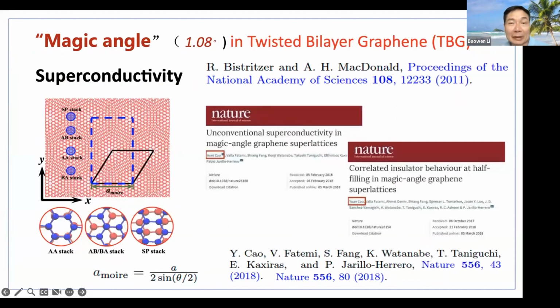For 2D materials, another interesting thing is the magic angle, because people have predicted and experimentally proved that in twisted bilayer graphene at an angle of 1.08 degrees there's a magic angle, because at this angle superconductivity exists. This was reported in Nature in 2018.